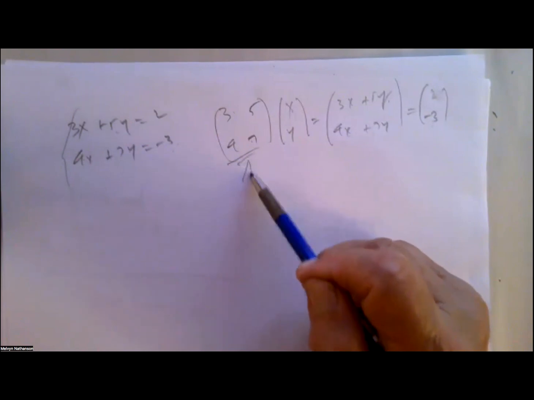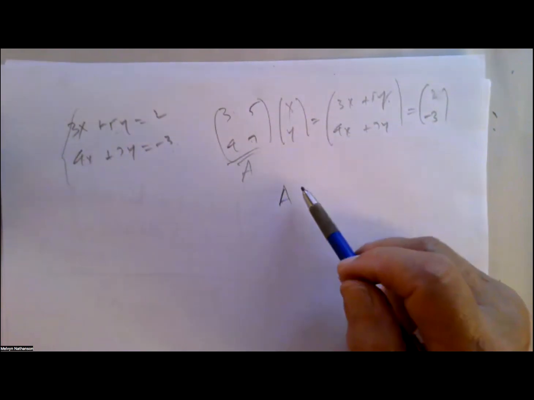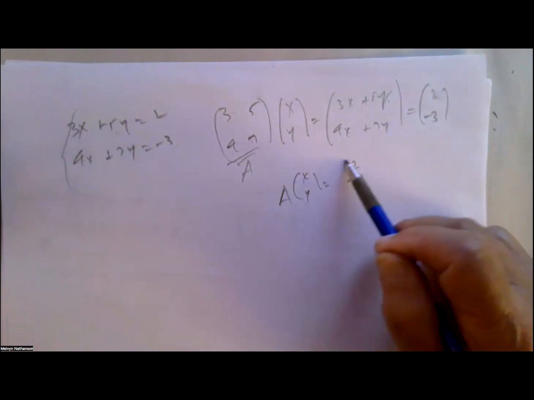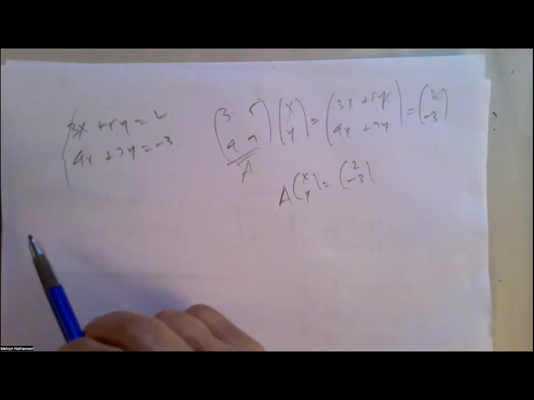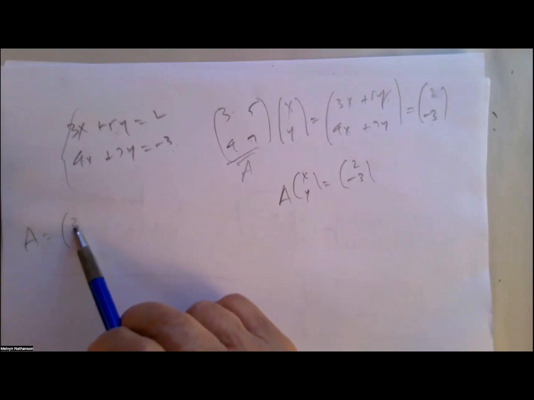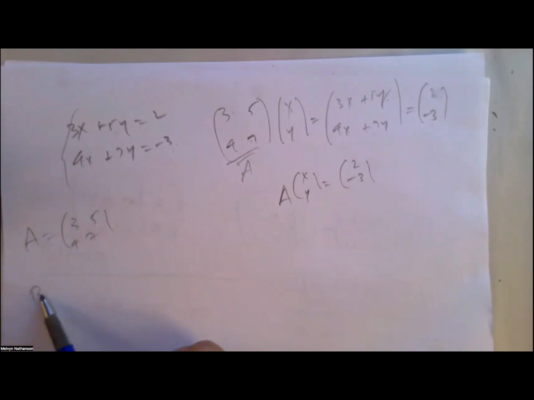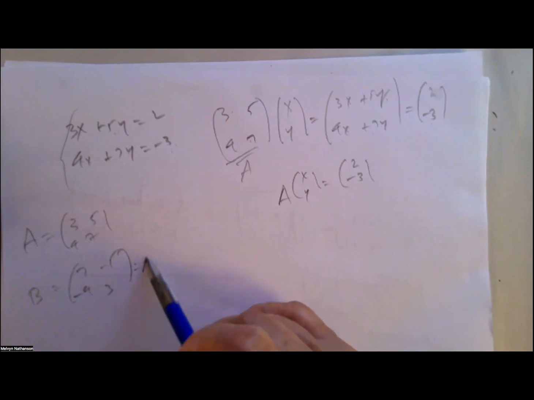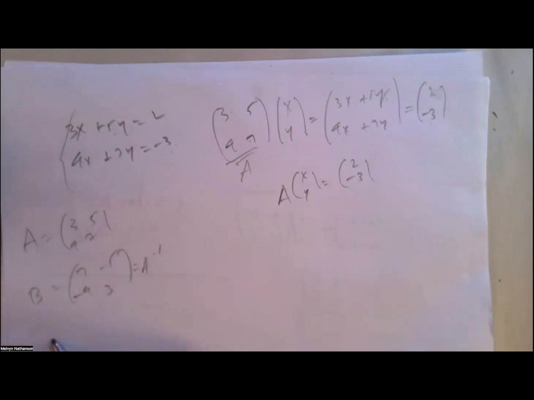So let me call this matrix A. I want to find x, y such that A times x, y is 2, minus 3. Now, I already saw in the previous example that if A is the matrix 3, 5, 4, 7, and I let B be the matrix 7, minus 5, minus 4, 3, this is the inverse of A. So AB and BA equal the identity.